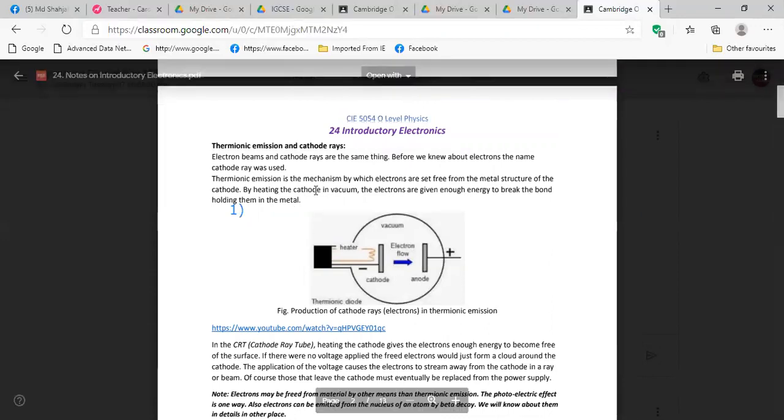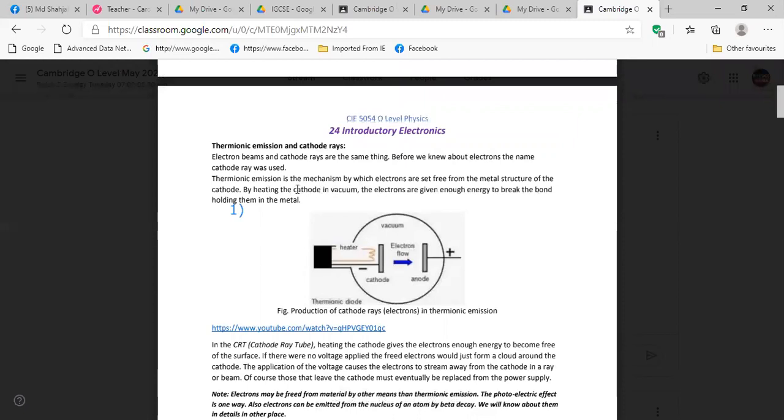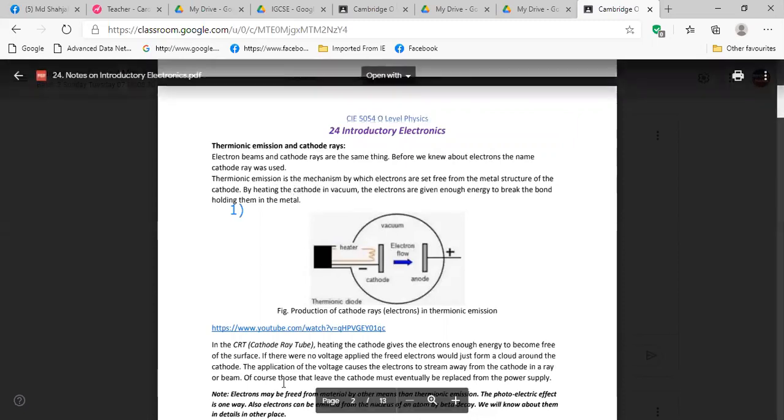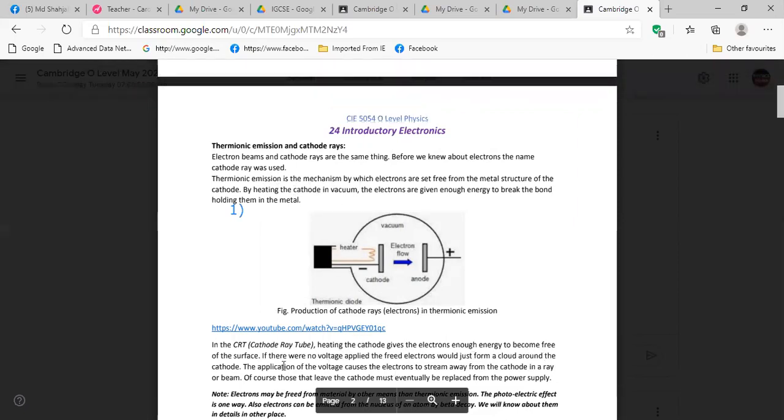Look here. By heating the cathode in vacuum, this is one thing we have. Then look here. If there were no voltage applied, the freed electrons would just form a cloud around the cathode.